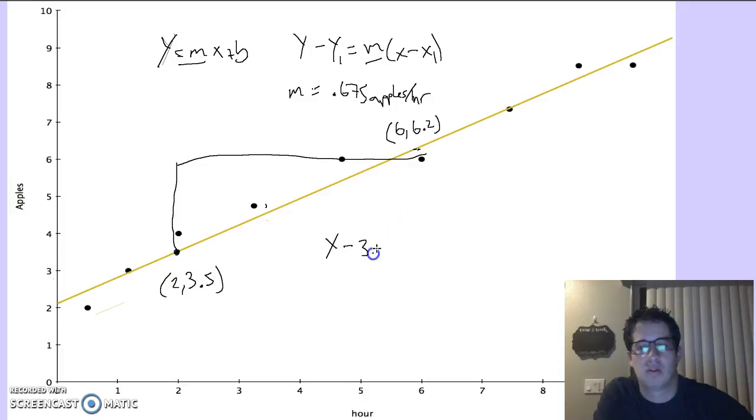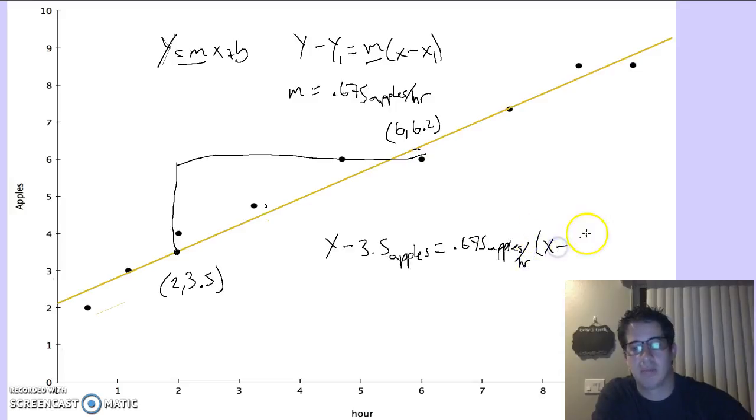So 3.5, and the y values were apples, equals 0.675 apples per hour times x minus, and that was 2 hours.